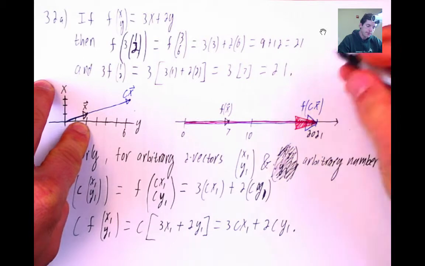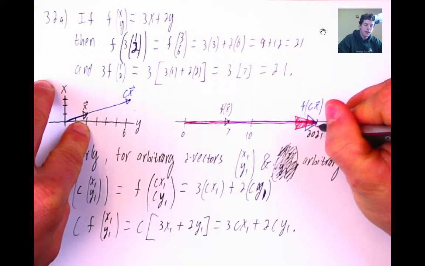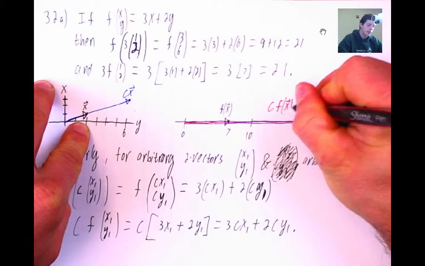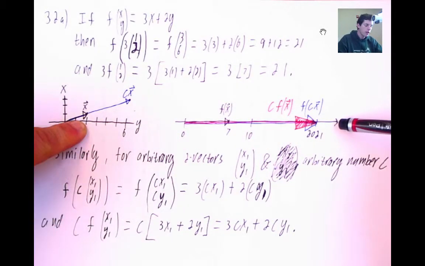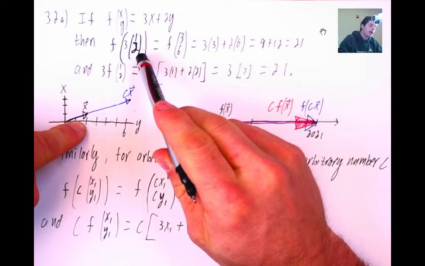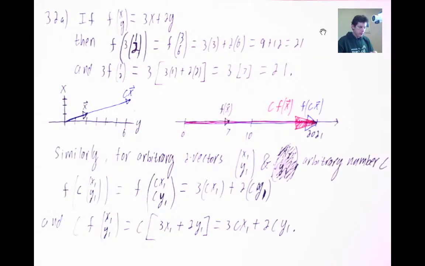And that, with its tip at exactly the same place at 21, is c times f of x, and indeed they're the same thing. Now that we have this drawn for a particular pair, the 2-vector (1, 2) and the scalar 3, let's construct the argument that this function f is homogeneous.